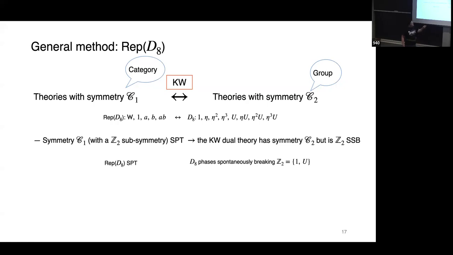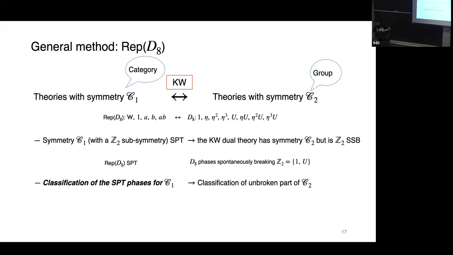Then we just need to find the unbroken symmetry patterns for the phase on the right-hand side. So what kind of unbroken symmetry can you have? It's just a group theory question. You just need to find the subgroups of D8 with order 4 without the U element. The classification of SPT phases with symmetry C1 corresponds to the classification of the unbroken part of C2.